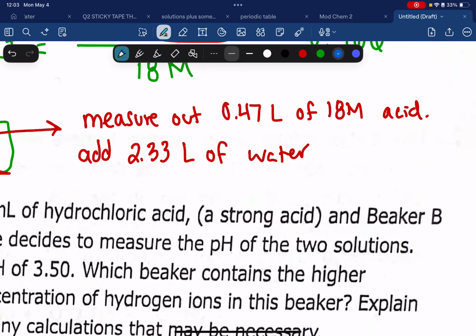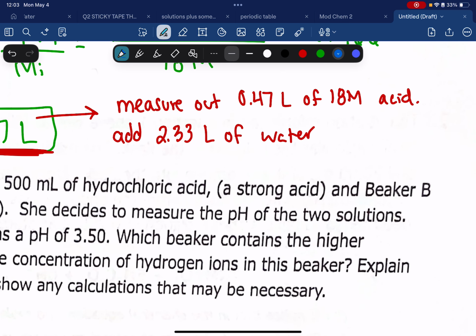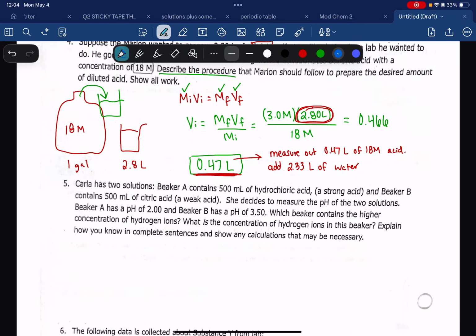So if you add the acid into the water, that heat gets spread out over time and space, so it's a lot less dangerous. So technically, I guess we should measure out 2.33 liters of water and then add to that 0.47 liters of 18 molar acid, but whatever, close enough.